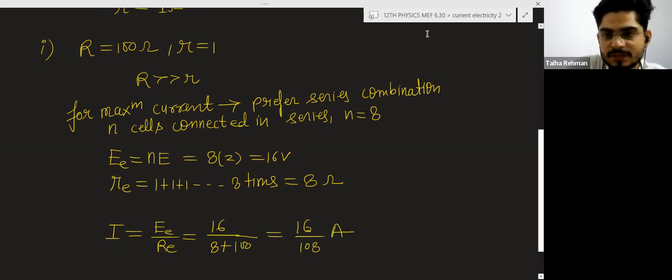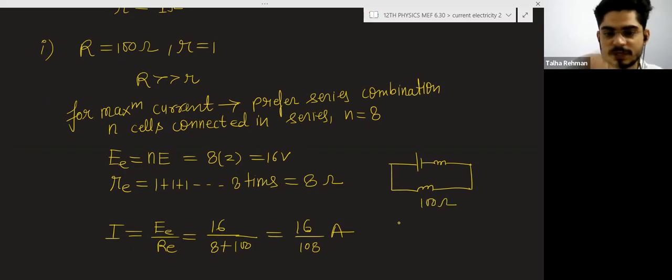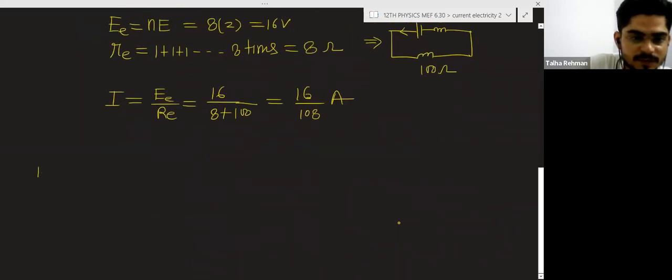And the circuit will be like this: this is 100 ohm, this is 16 volt, this is 8 ohm. So this is the first answer.